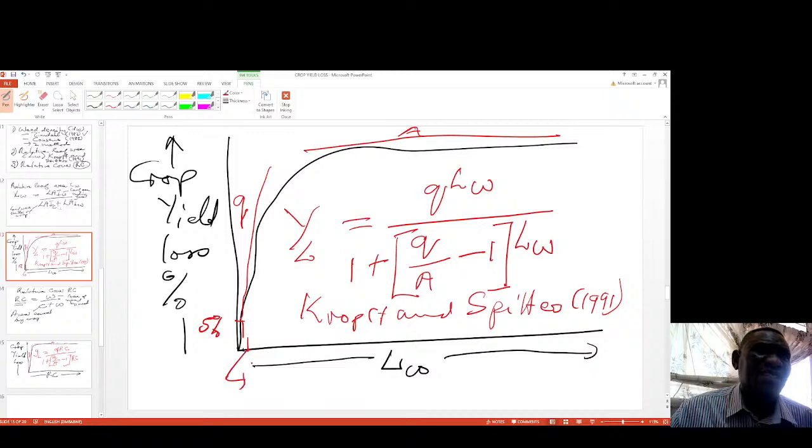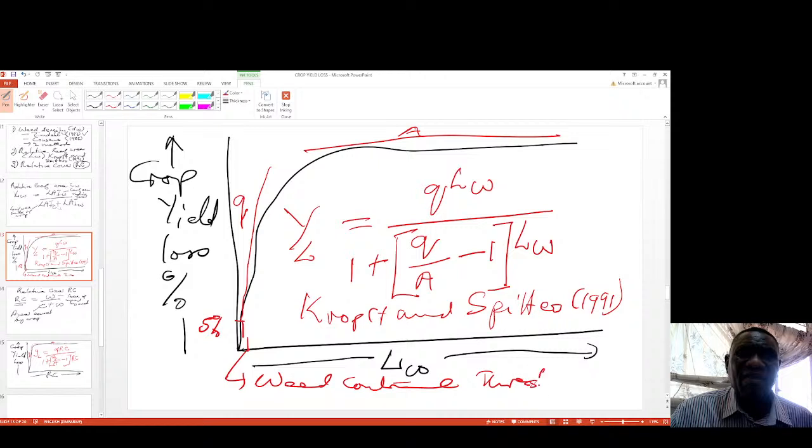That could give us weed control threshold, which could be the relative leaf area which justifies weed control.